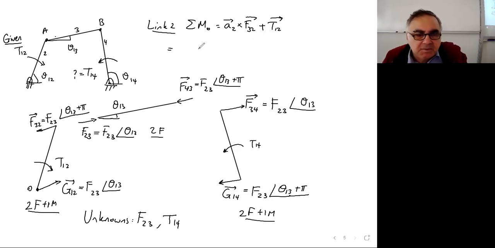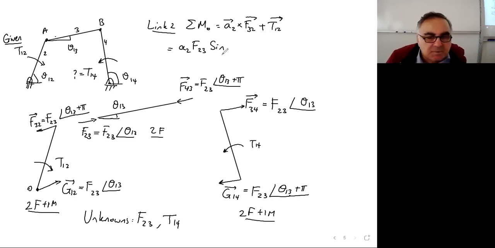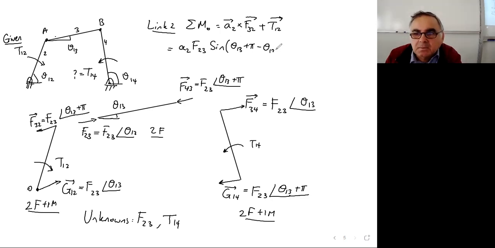So it will be A2 times F23 times sine angle of the force, which is θ13 plus pi minus θ12, minus T12.